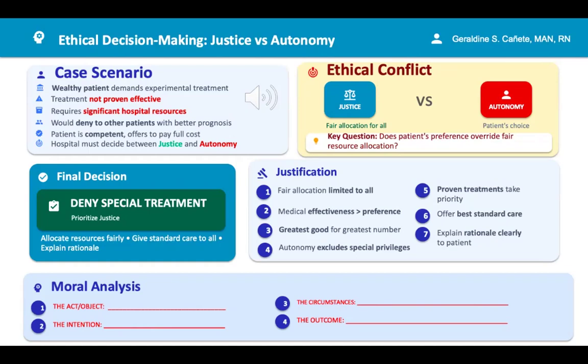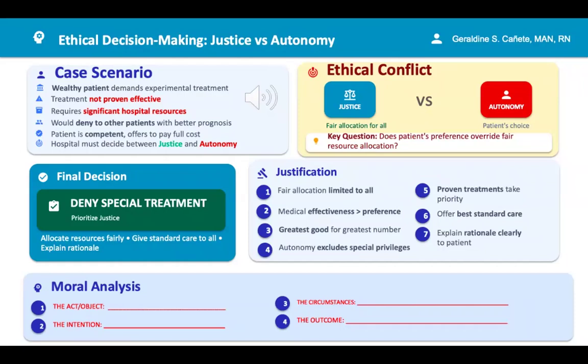On fair allocation, healthcare resources are limited, so they must be allocated fairly to all patients. On medical effectiveness, treatment with proven effectiveness should take priority over experimental treatments with uncertain benefits.